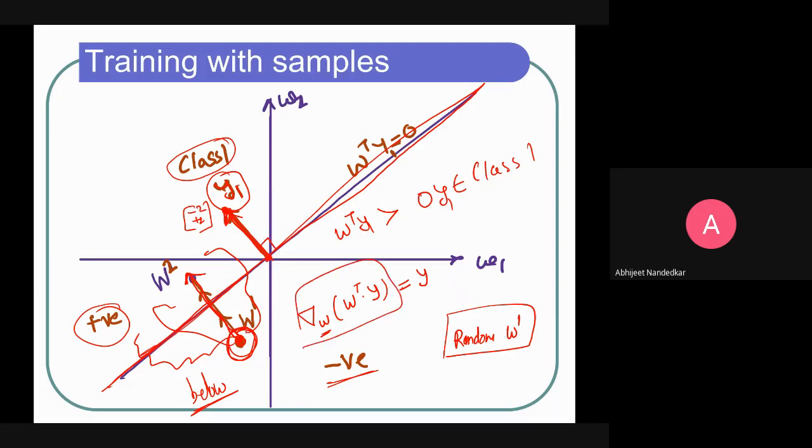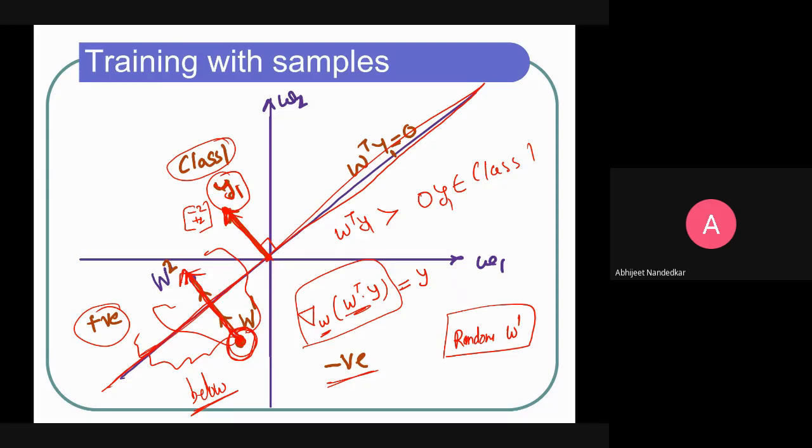So the gradient of this function W transpose Y is Y. So what is gradient? You have to differentiate this with respect to W. So this is the path you should travel so that you will be in the positive region.